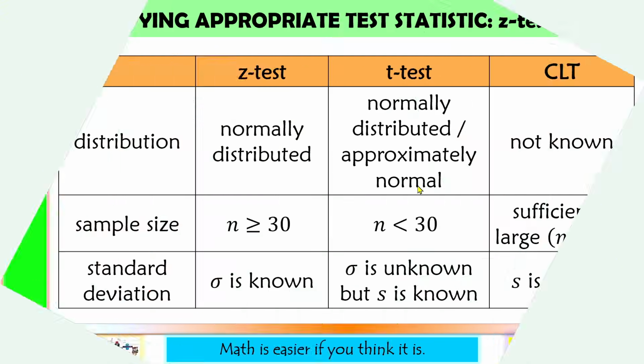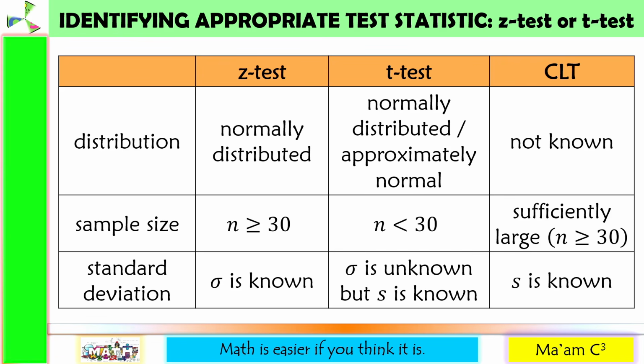I made the table here if this will help you better in deciding whether z-test or t-test. We use z-test if the distribution is normally distributed, our sample size is greater than or equal to 30, and we know the population standard deviation. We use t-test if the distribution is normally distributed or approximately normal, our sample size is less than 30, we do not know the population standard deviation, but the sample standard deviation is given.